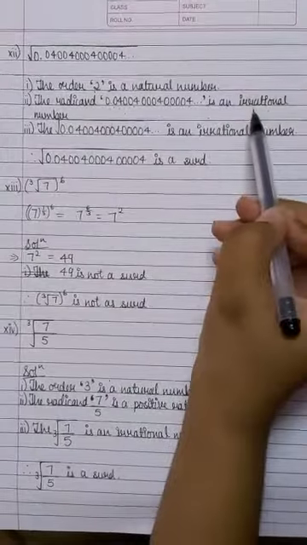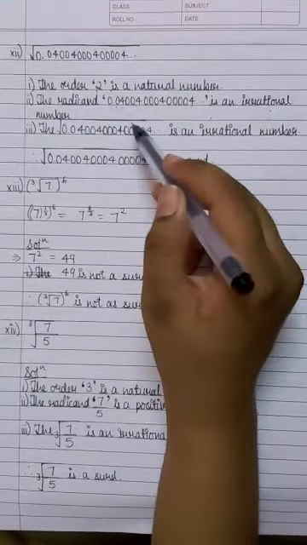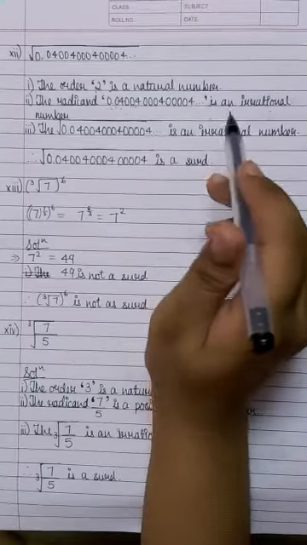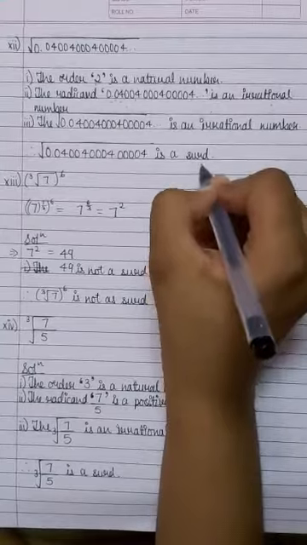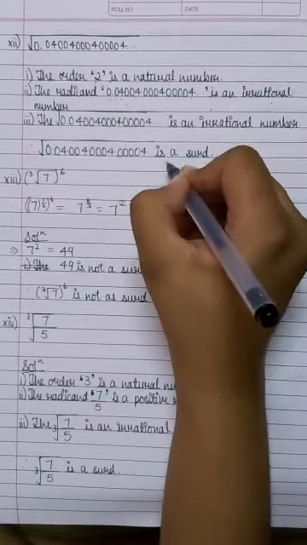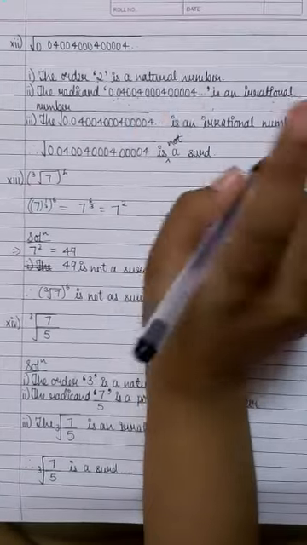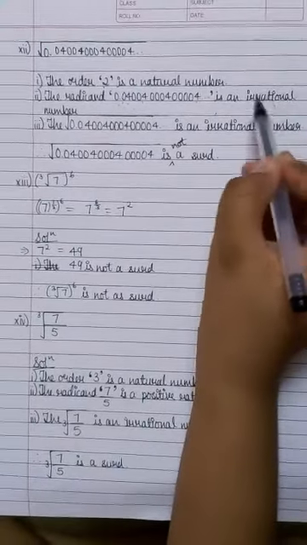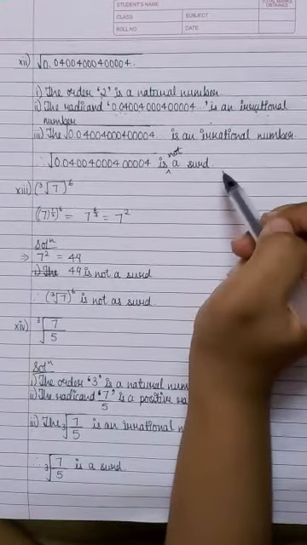So it's an irrational number, or you can also write not a rational number. And obviously if it's an irrational number, its root is also going to be an irrational number only. So can we say that this is a surd? No, we can't say that. We have to say this is not a surd. If you write this is a surd, it will be wrong because it's not agreeing with the second rule. So we write this is not a surd.